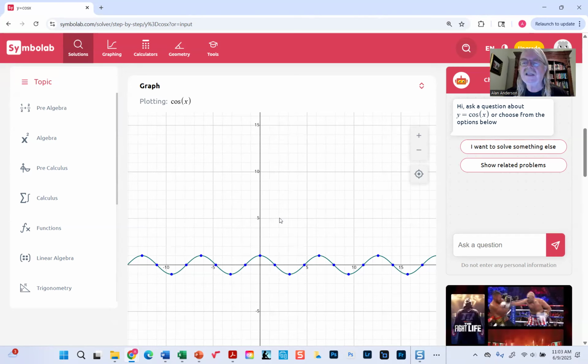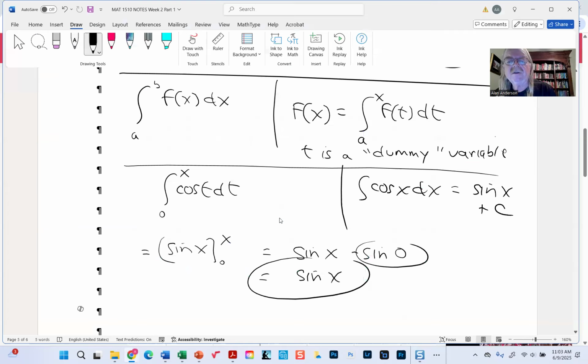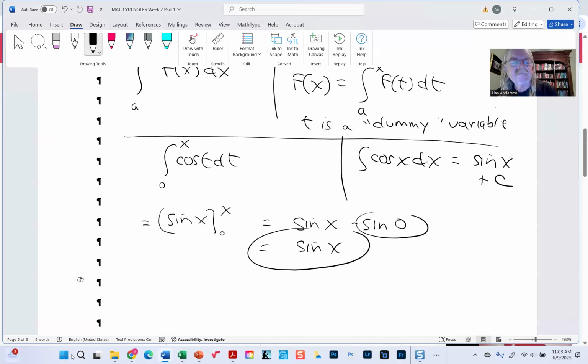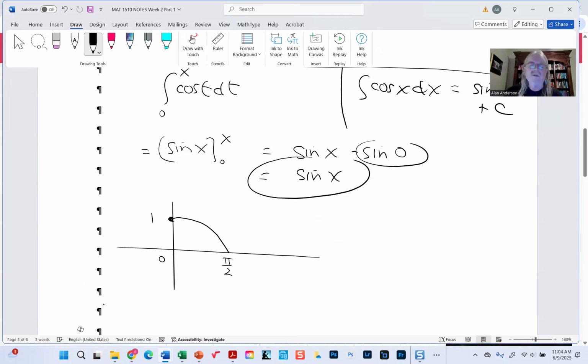I just want to make sure I didn't forget this. It cuts the axis at 90 degrees, which is pi over 2. Okay, so if we drew this thing ourselves, this is what we're looking at.